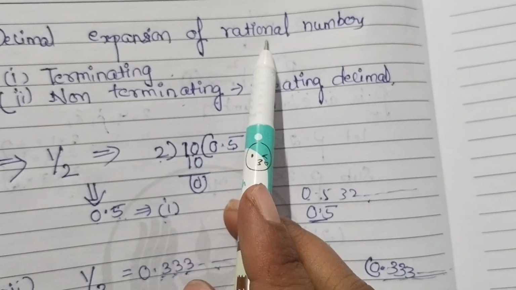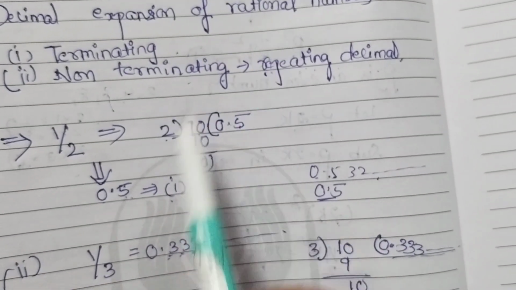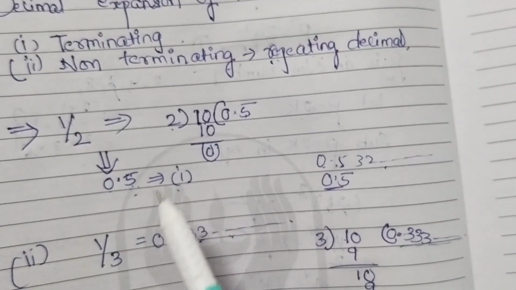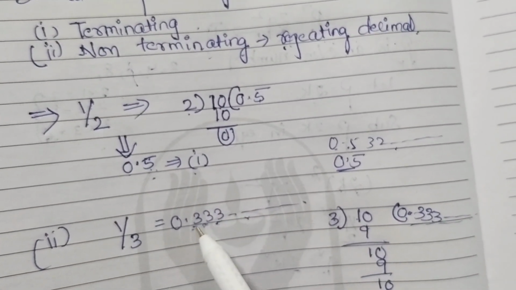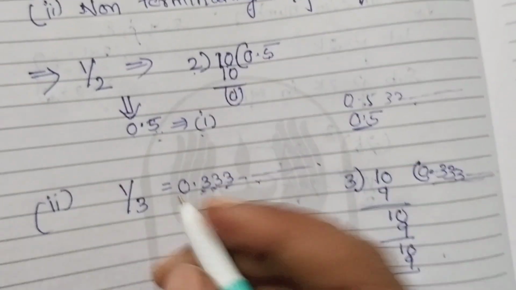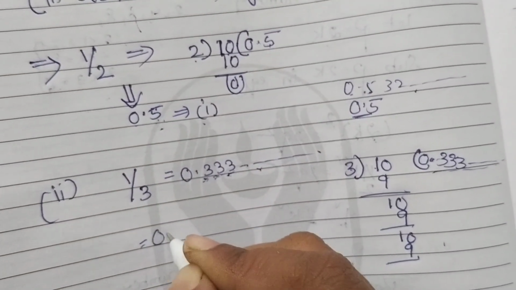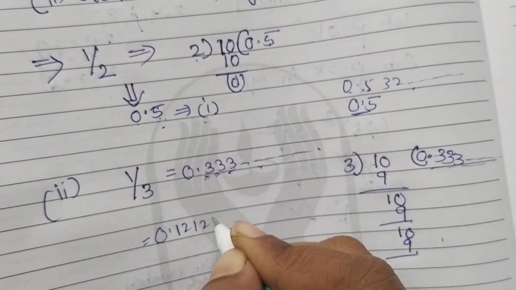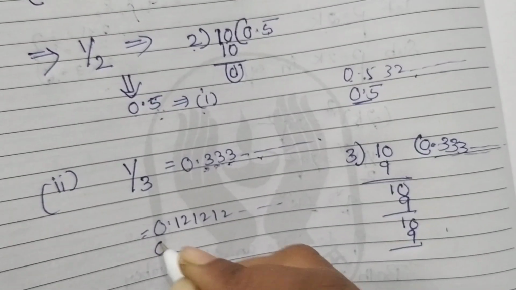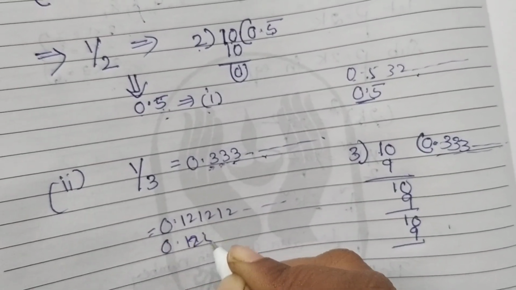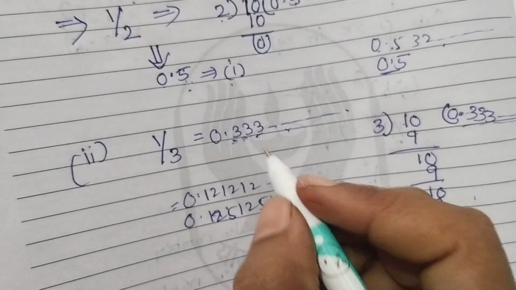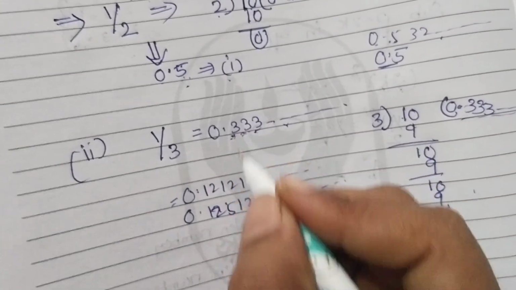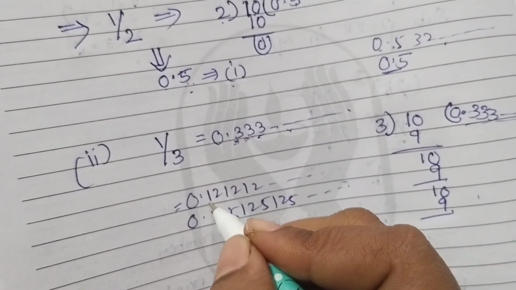So for rational numbers we are having two definitions. Either it should be a terminating decimal. If it is non-terminating, the number should be repeating. Okay, like 0.333, or we can also have like 0.121212 like that, or 0.125125. We can also have like this, not only with a single number, 2 digits or 3 digits can also be repeated.